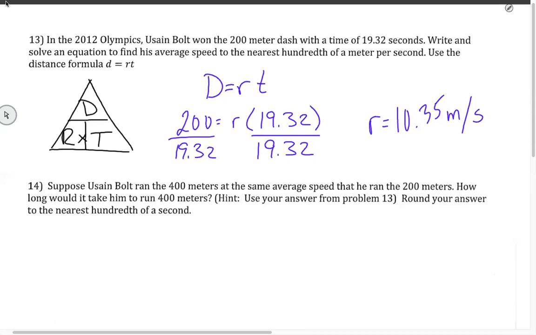So this room is just under 10 meters. Usain Bolt would run from that wall to this wall in under a second. That's fast.